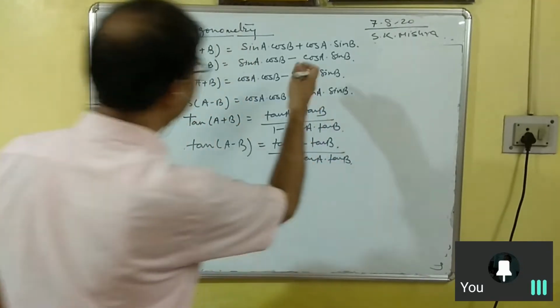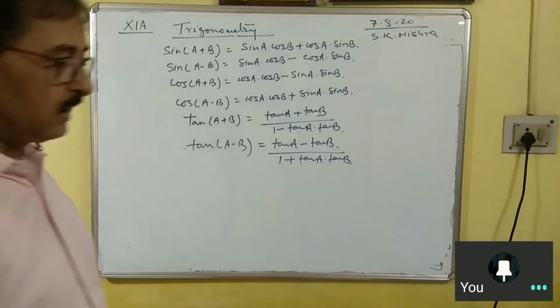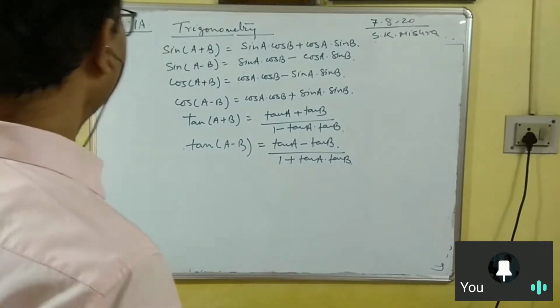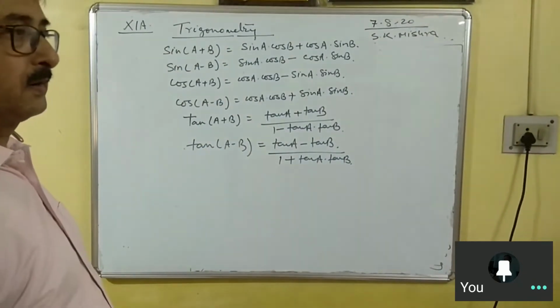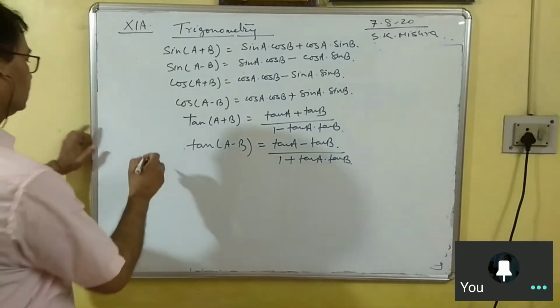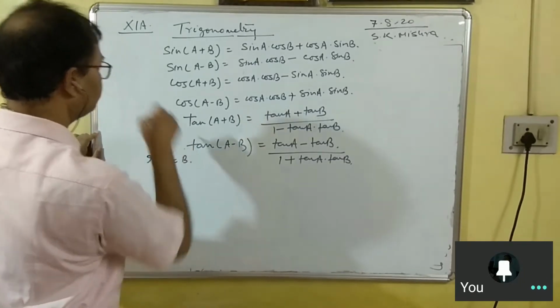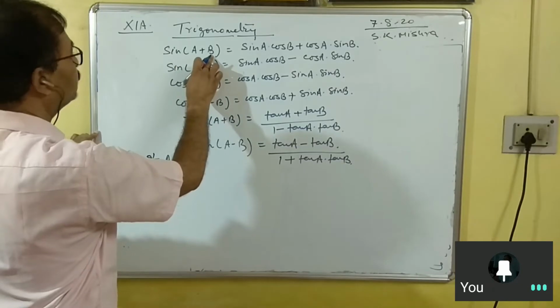Now with the help of the basics, sine, cos, tan, we can write so many other formulas. As for example, suppose A is equal to B, then what will happen? Then you will have sine A plus A, that is sine 2A.